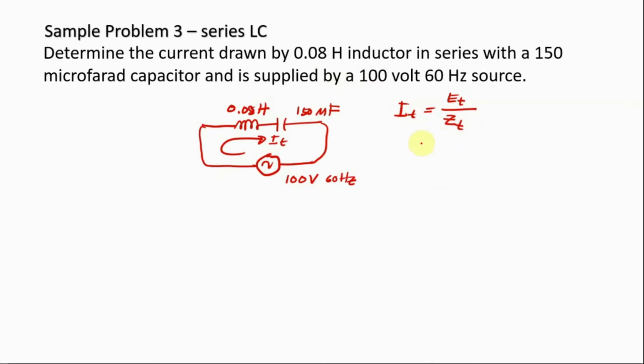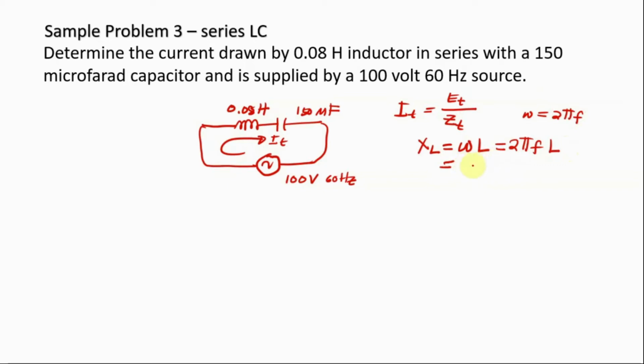So the inductive reactance is X of L. This is given by the formula omega L. X of L is equal to omega L, where omega is equivalent to 2 pi f, 2 pi times the frequency. So this will be 2 pi times the frequency times the inductance.